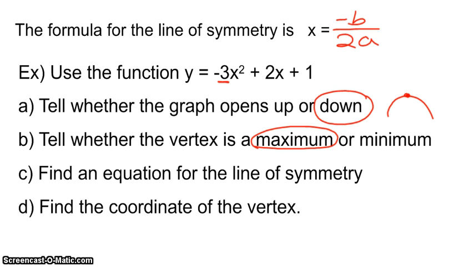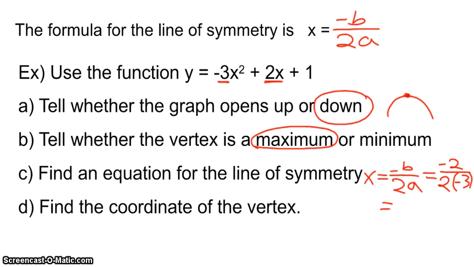Now, in order to find the equation of the line of symmetry, we will use our equation negative b all over 2a. Our b is positive 2, so we're going to say negative 2 all over 2 times our a, which is negative 3.